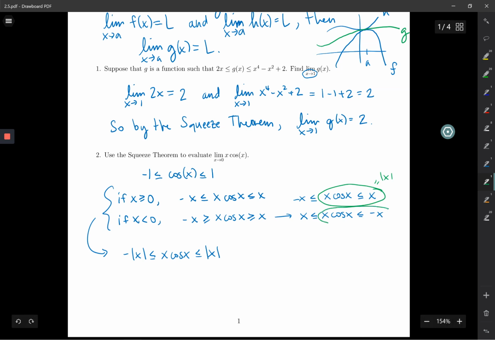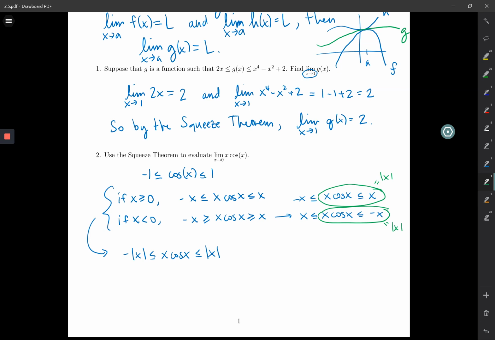Because we don't change anything by taking the absolute value of a positive number. In the second inequality, we have x cosine x is less than or equal to negative x, and that is also equal to absolute value of x, because remember, we're assuming that x is negative. So if x is negative, then we switch the sign by putting a negative in front, and that is equal to the absolute value of x.